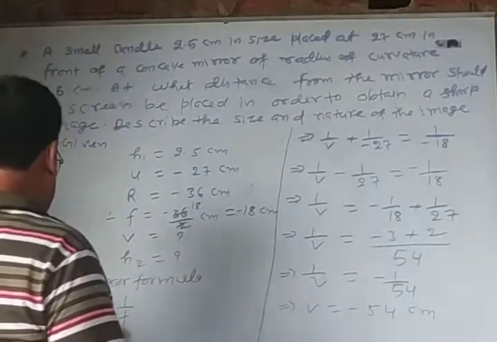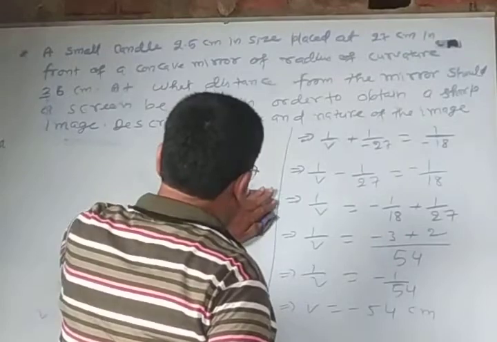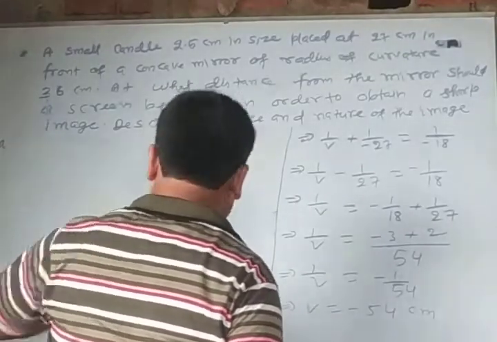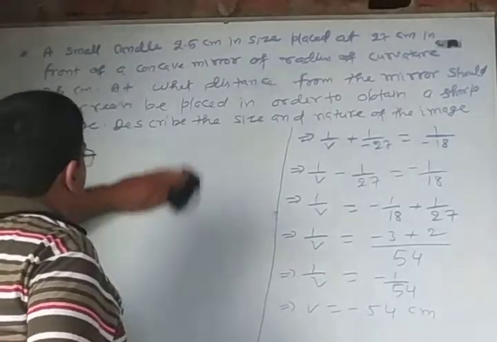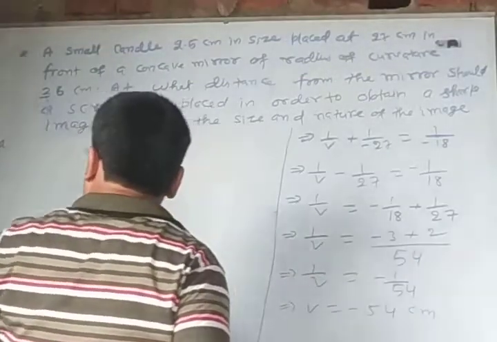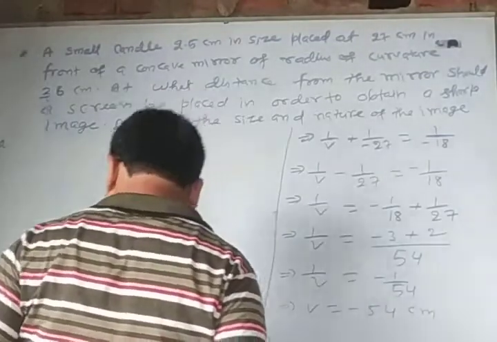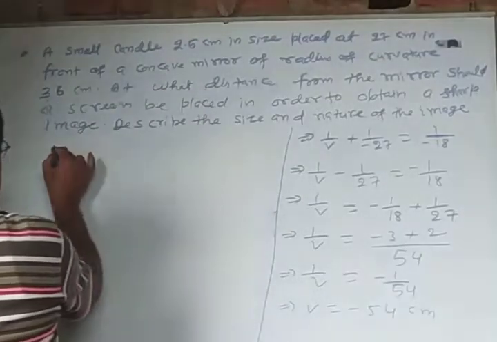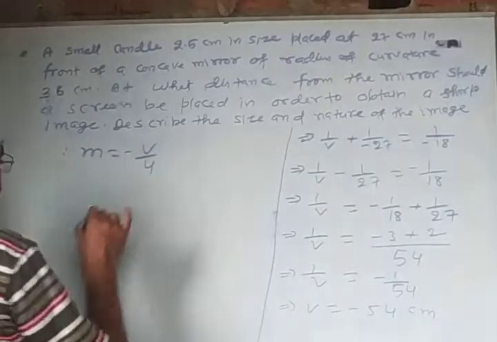Now here we use the formula of magnification. According to the formula of magnification, m is equal to minus v by u in the case of a mirror.